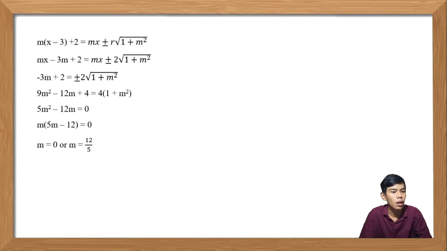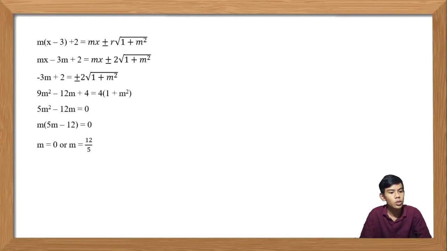9m squared minus 12m plus 4 equals 4 times (1 plus m squared). So 5m squared minus 12m equals 0. And then m times (5m minus 12) equals 0. So m equals 0 or m equals 12 over 5.